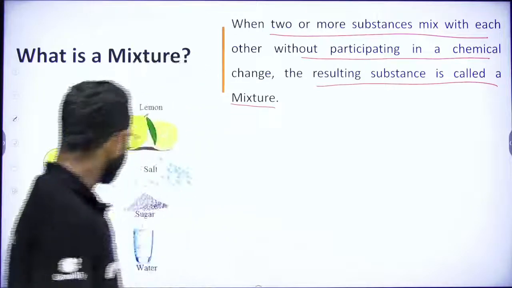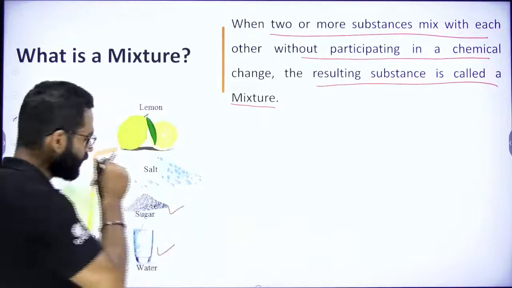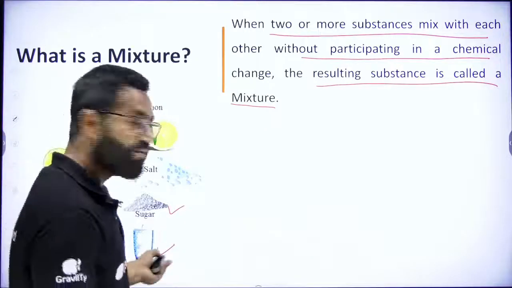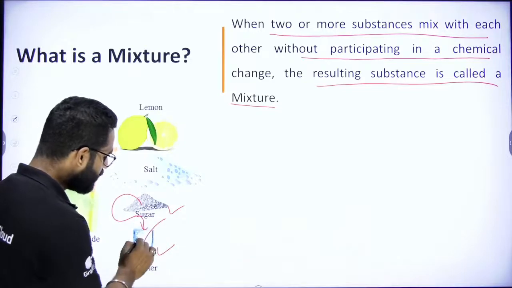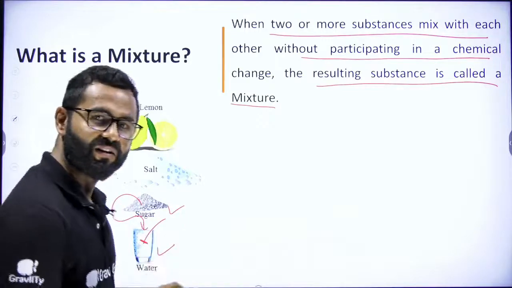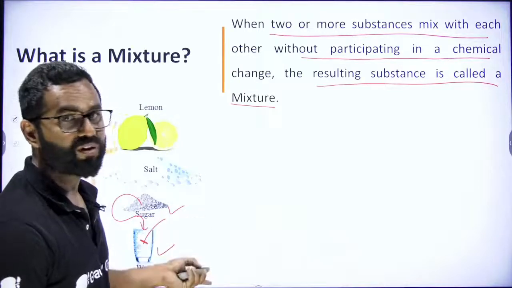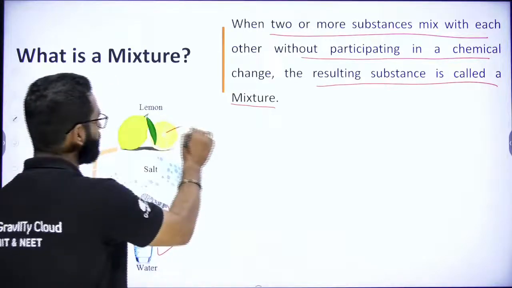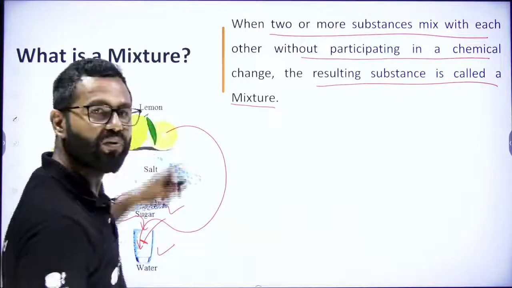Now for example, what happens? You take some water, you add some amount of sugar in the water and mix it with the stirrer. What will happen? We will get sugary water, sweet water. Now you add some amount of lemon juice into it.